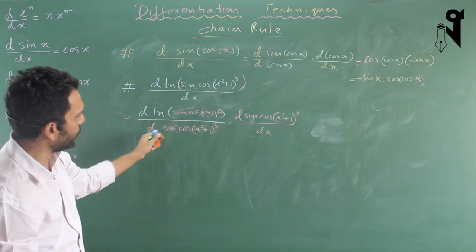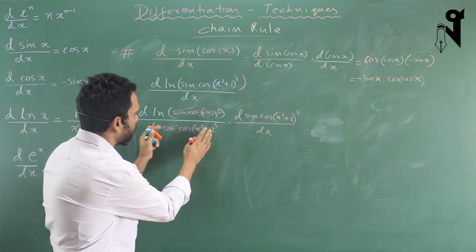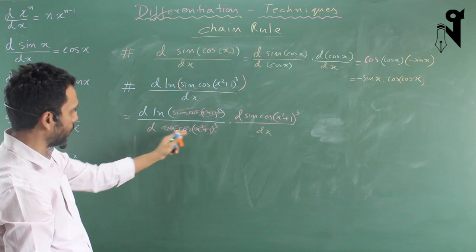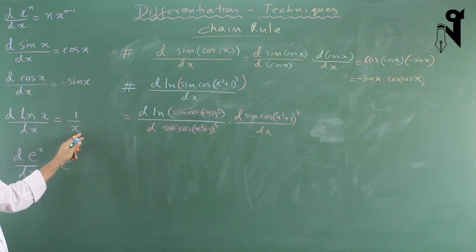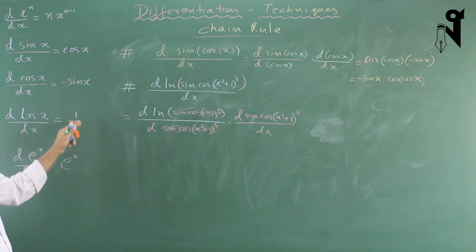You can call it the pink thing, log of pink thing with respect to the pink thing. I can solve this, and that is 1 by that pink thing. Log of x with respect to x is 1 by x.